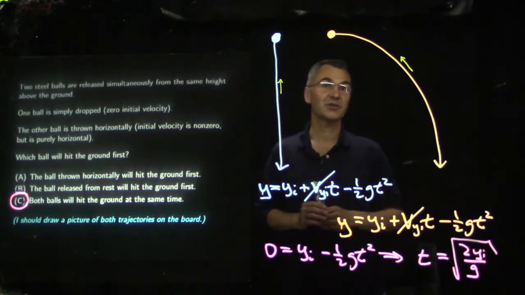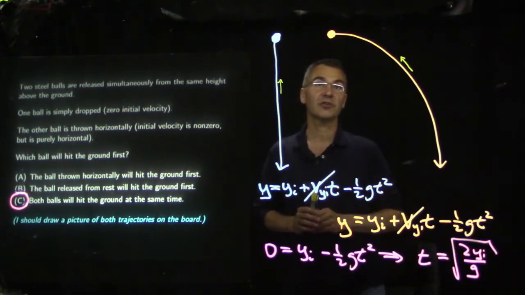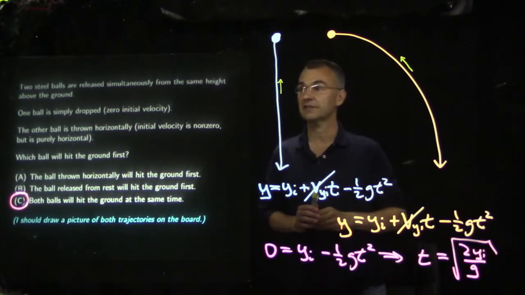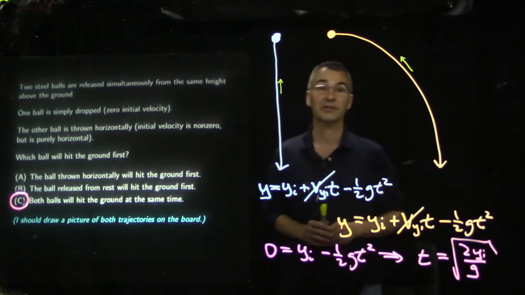So you don't need to know this, but I do think that if you did really account for air resistance, then the ball which is thrown with a significant horizontal velocity initially would hit the ground a little bit later. But in the absence of air resistance, the two balls hit the ground at the same time.